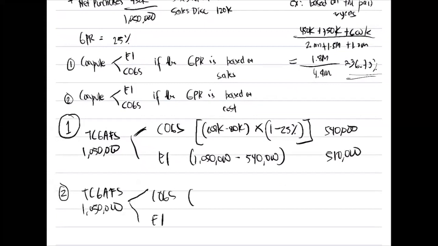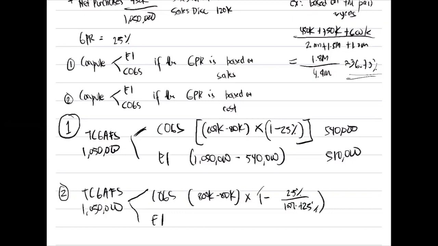So our cost of goods sold is equal to your net sales, which is 800,000 less 80,000 multiplied by 1 less we convert now our gross profit rate. So that is 25% all over 100% plus 25%. So we convert first our gross profit rate.